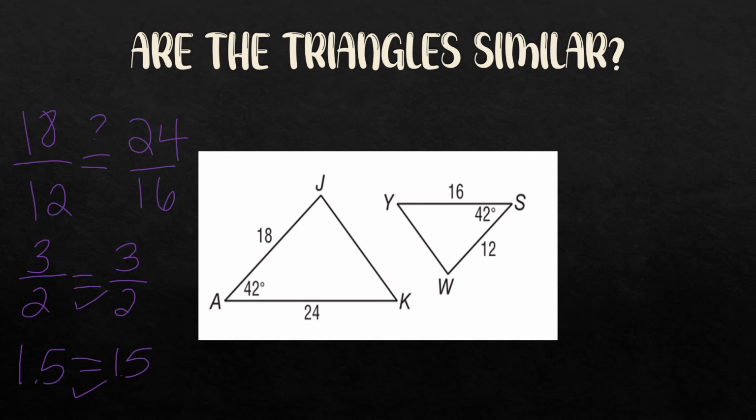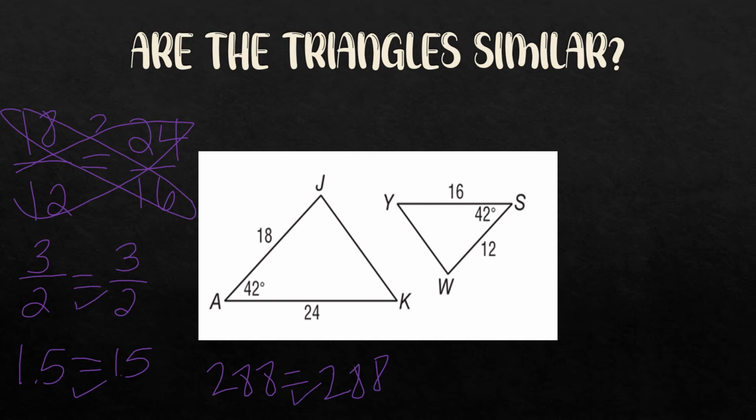Or the other thing you could do is you could cross multiply. And if you cross multiply, let's see what we get. 18 times 16 is 288. And then 12 times 24 is also 288. So after you set the proportion up, you have 3 different ways to verify that it is correct: reducing, turning to decimal, or cross multiplying if you have 2 different ratios.